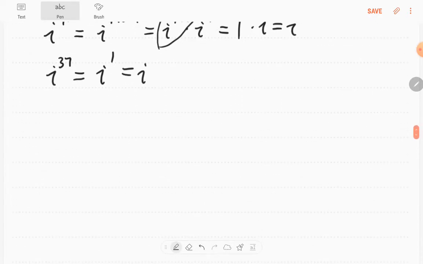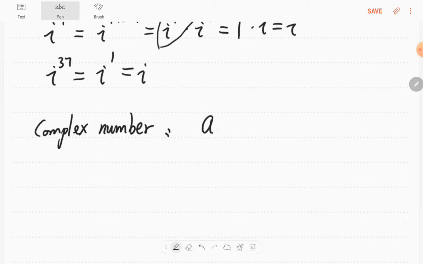So now the definition of the complex number. In general, a complex number can be written as A plus B times I, where A and B are real numbers.